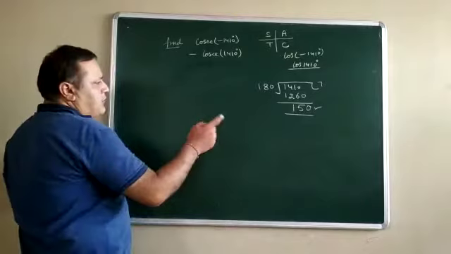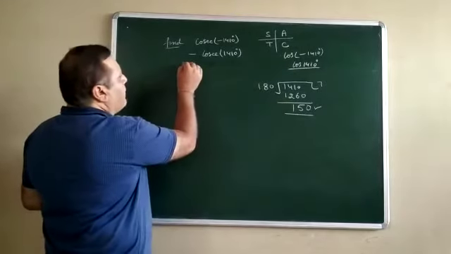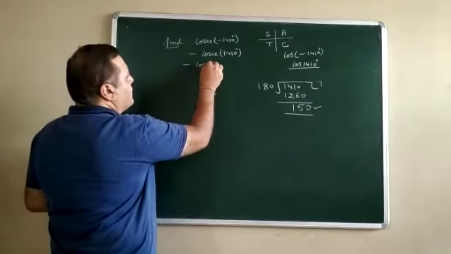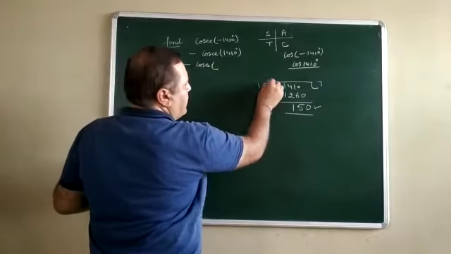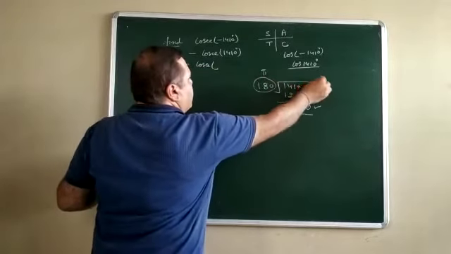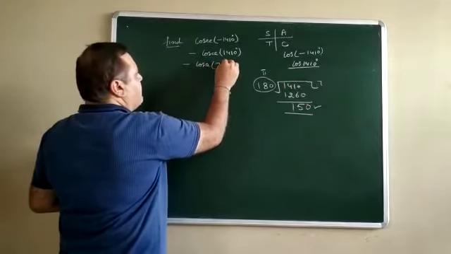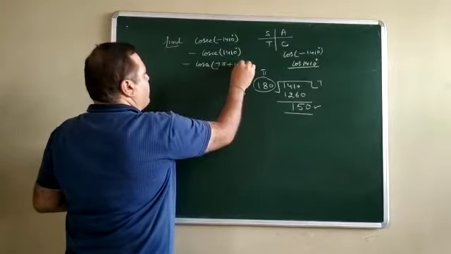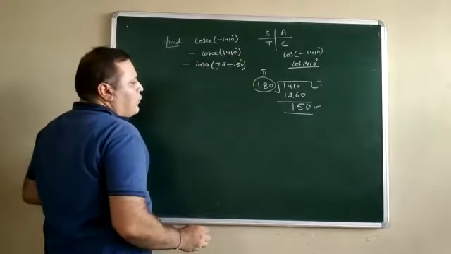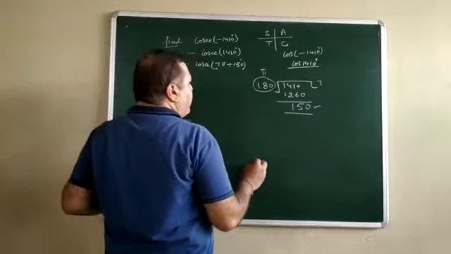See this one, first by this concept, minus of cosec, where 180 means pi, it is 7 pi plus 150 degree. You know very well about the 7 pi.